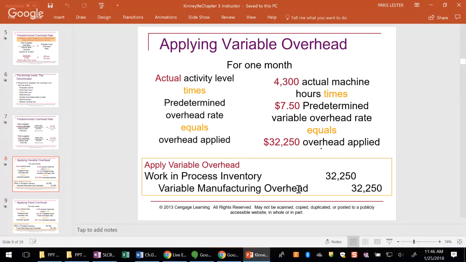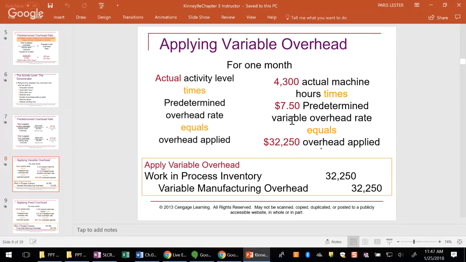All right. Now here, for 1 month, activity level times a predetermined overhead rate equals overhead applied. And when we get overhead applied, we debit work in process and credit variable factory overhead. Okay. Now over here, we have actual machine hours times 750, that is equal to 32,250. Okay, we've made this entry before, but we didn't do variable and fixed separately.